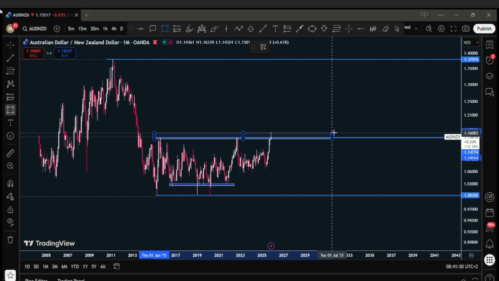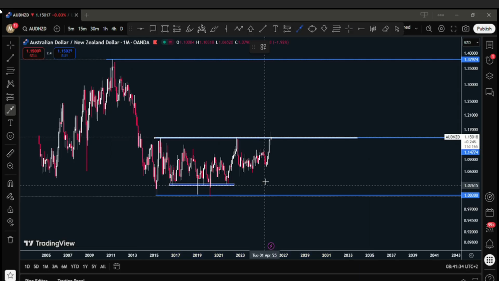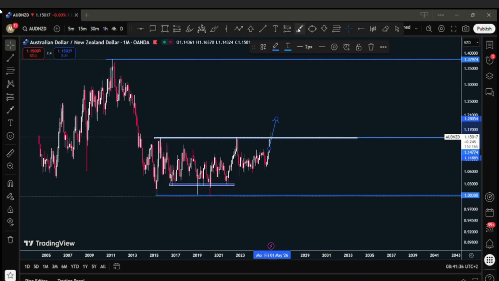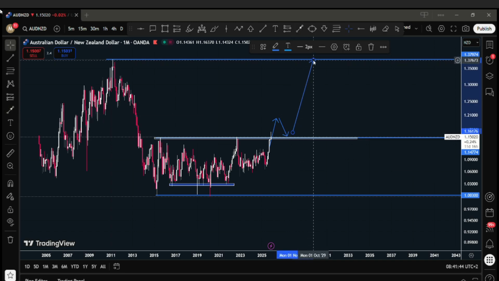So if it happens that we are able to break this ceiling, we expect the market to go down and then go up, meaning that this ceiling, which is our resistance, is going to act as a support.